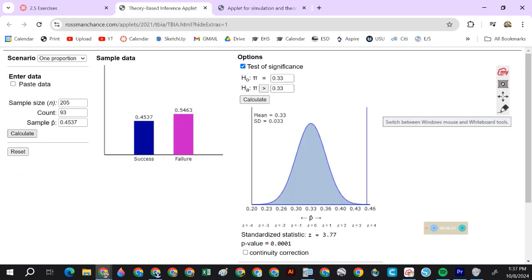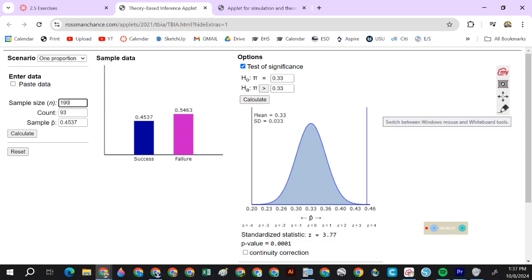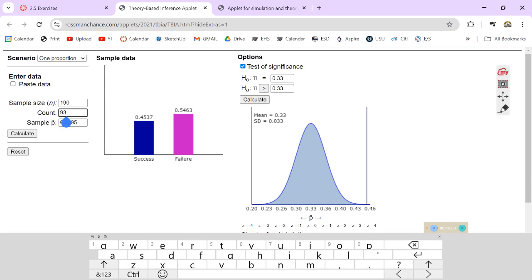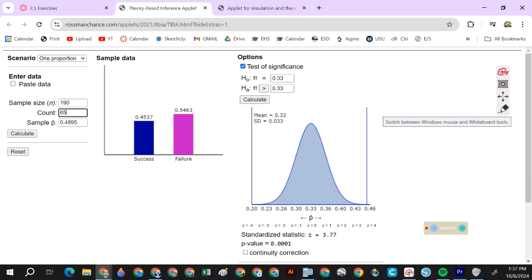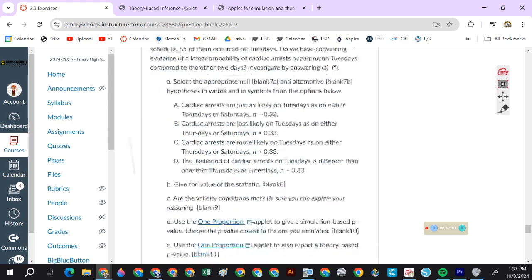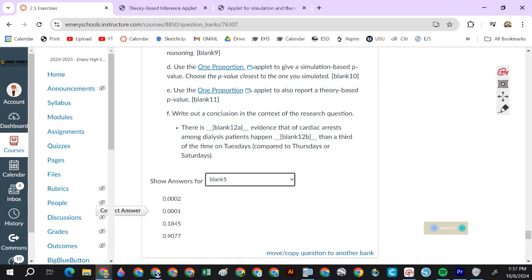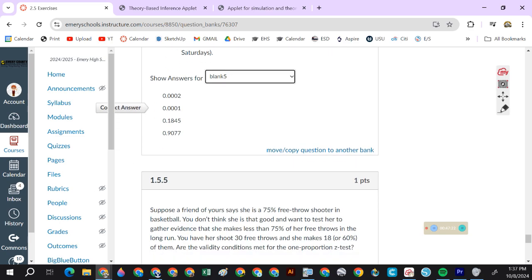And then if I change this one, 190 and 65. And there I get 36%. Okay. So those are the answers for 10 and 11. And then 12, there is little to no evidence that happens more than a third of the time on Tuesdays compared to Thursdays or Saturdays.